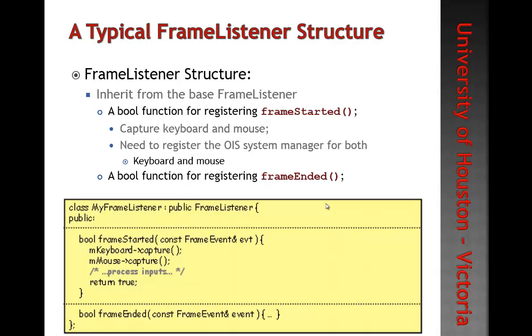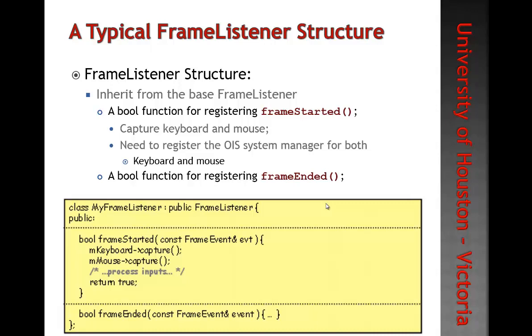Now, in this slide, I'm showing you a very simple example of how a frame listener structure would look. So basically, as we said, we will create a frame listener class for our example, and have it inherit from the base frame listener, and then we would implement a Boolean function for registering the frame started.